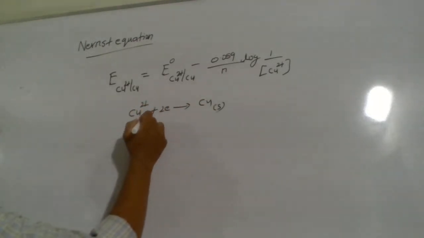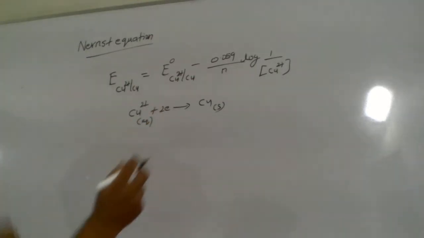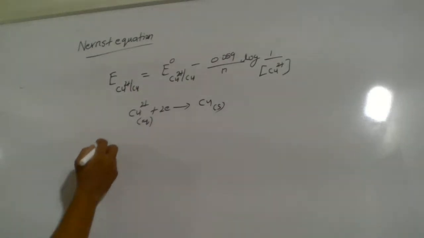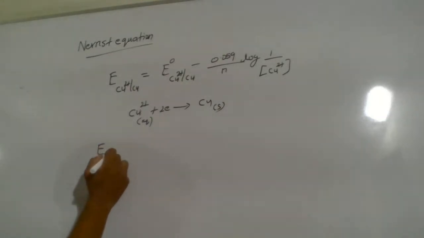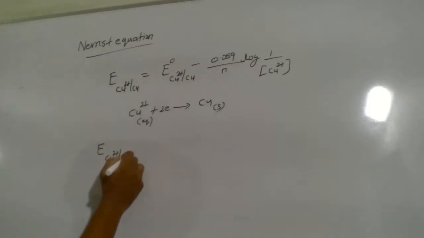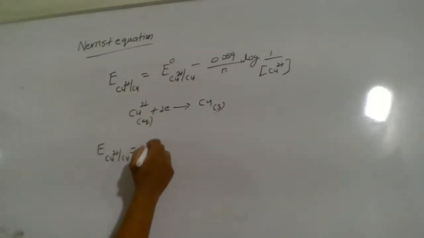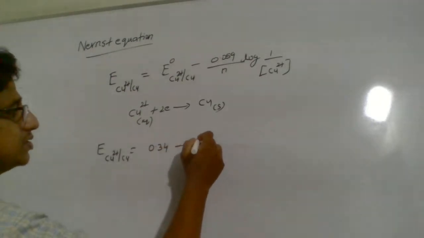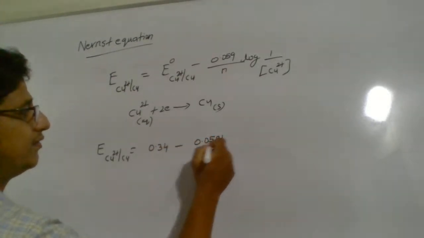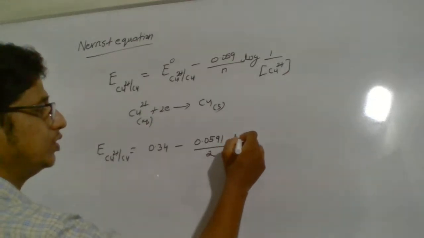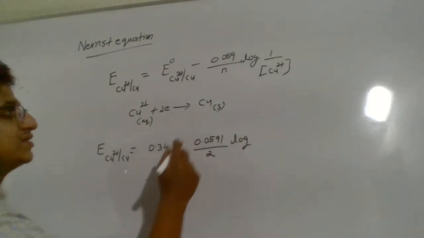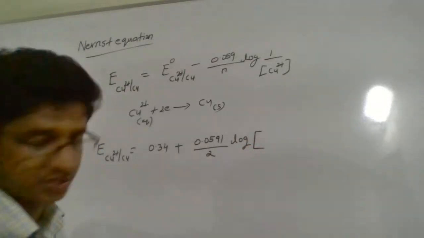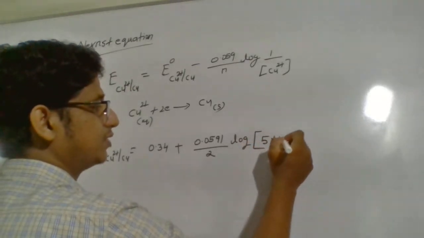Now let Cu2+ be on the upper side. So E Cu2+|Cu: the standard electrode potential of copper is 0.34 minus 0.0591 divided by 2 log. I am changing minus to plus, so Cu2+ will come up. The concentration of Cu2+ is given as 5 into 10 raised to minus 3.